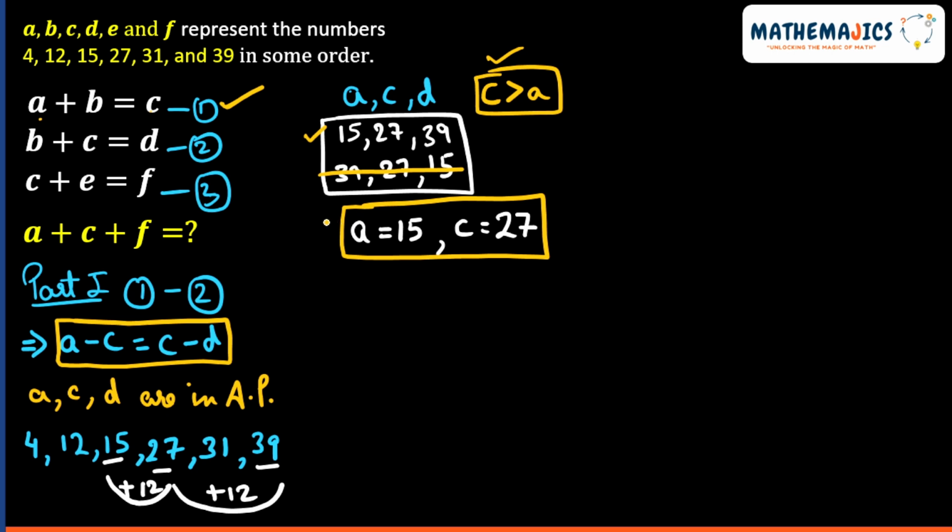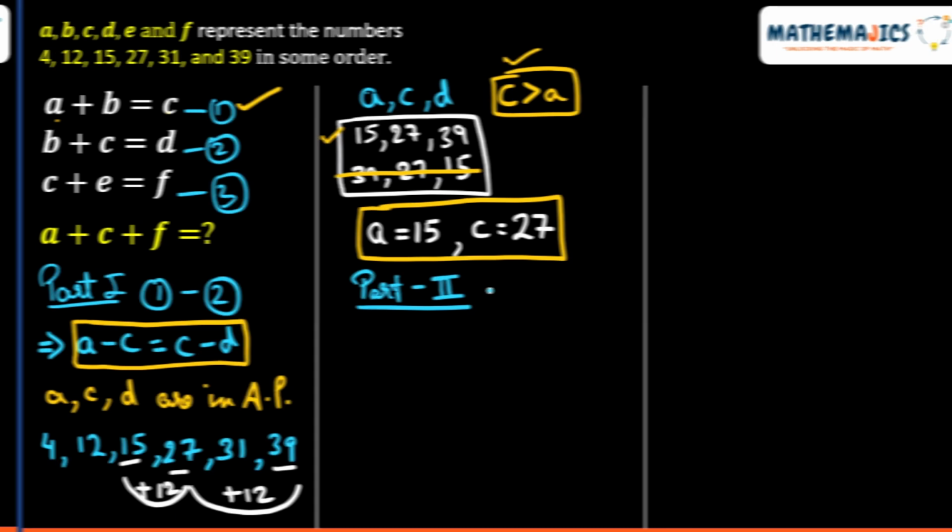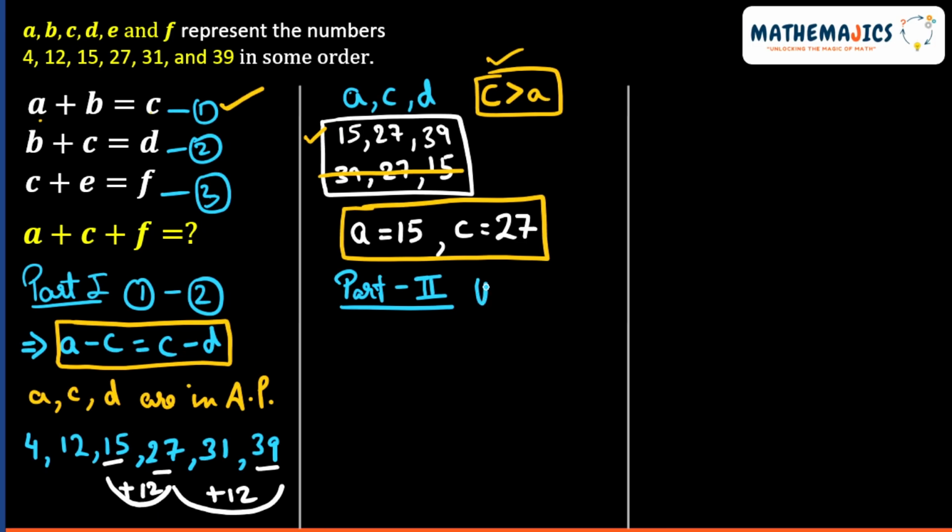Now we will jump to the second part of the solution. In the second part, we will be using equation 1 to find the value of B. So we will get A is 15 plus B and C is 27.